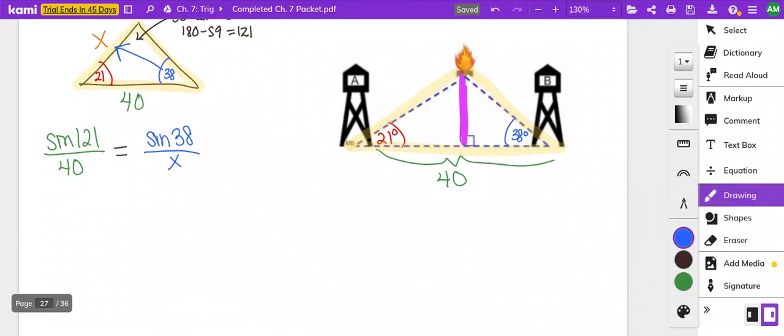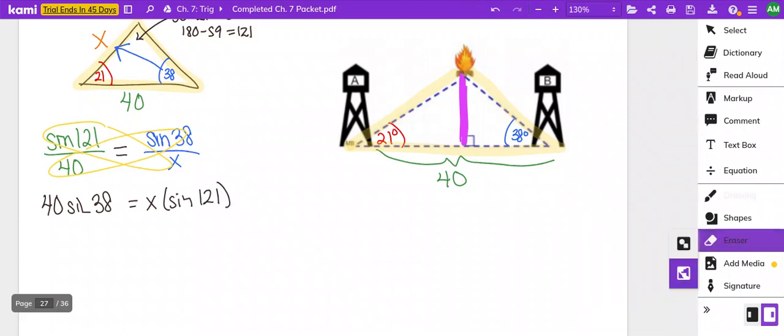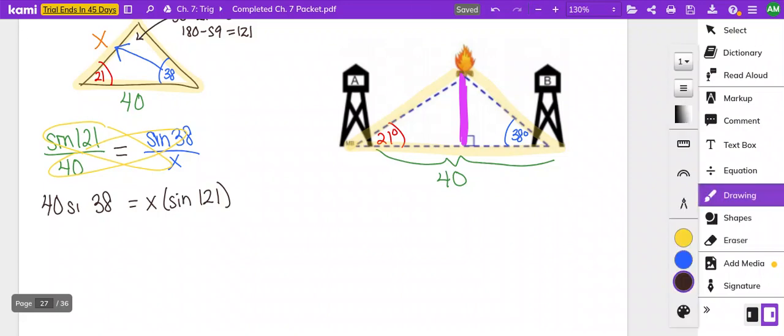Then I'm going to cross multiply. So when I cross multiply, I get 40 times the sine of 38 is equal to x times the sine of 121. For some reason, the sines don't want to show up, so I'm just going to rewrite those.